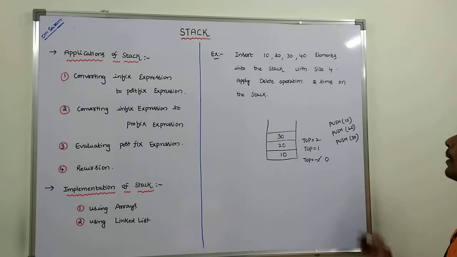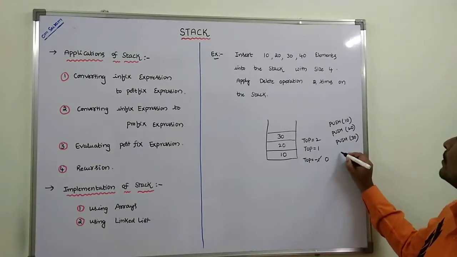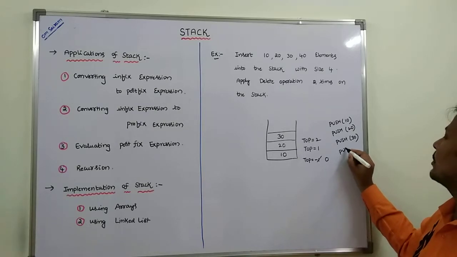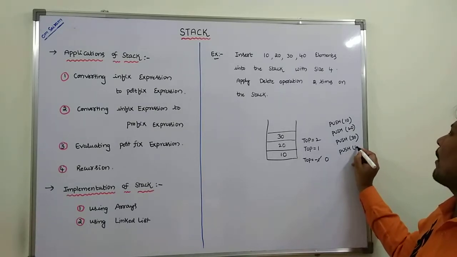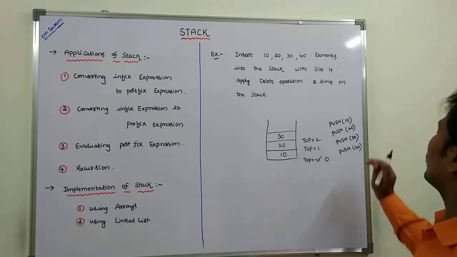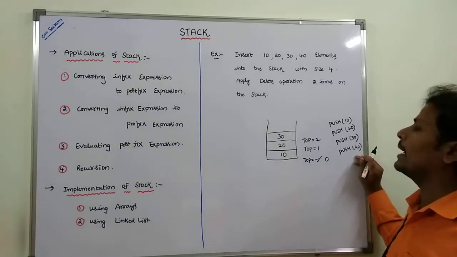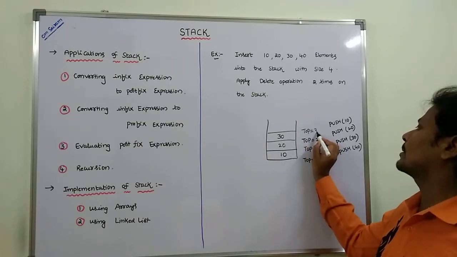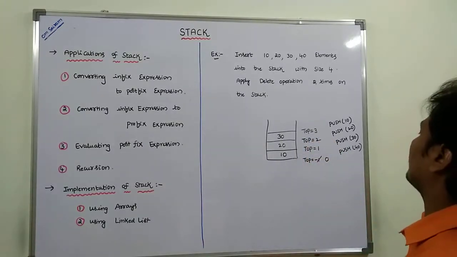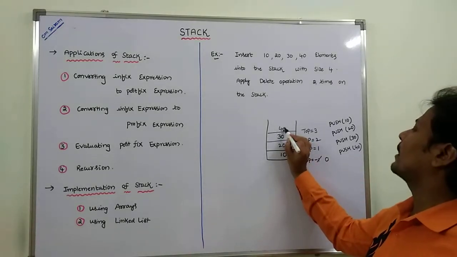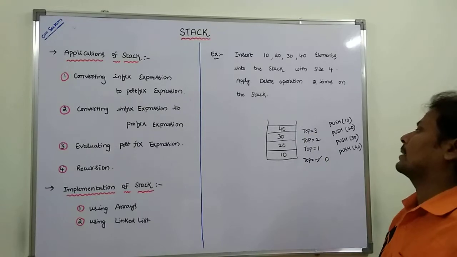Again, inserting element 40 into the stack. Push of 40. Before inserting element 40 into the stack, first incrementing the top, so top equal to 3. Now inserting the element 40 into the stack.